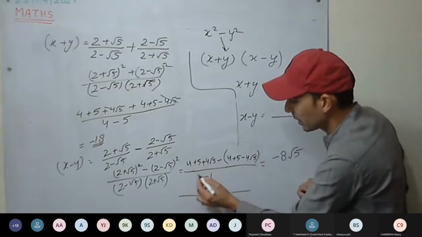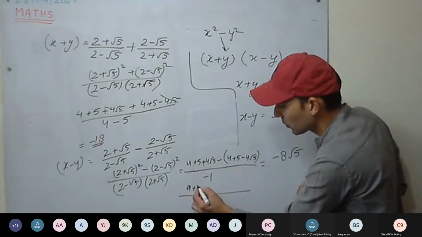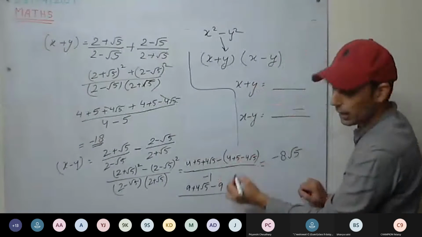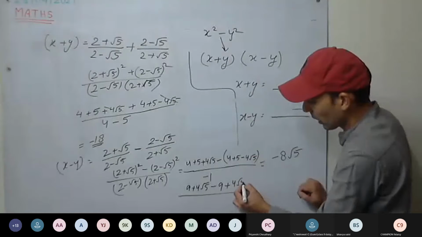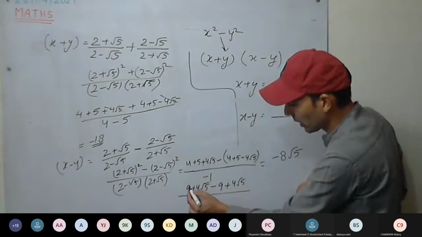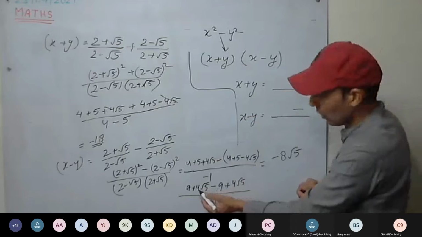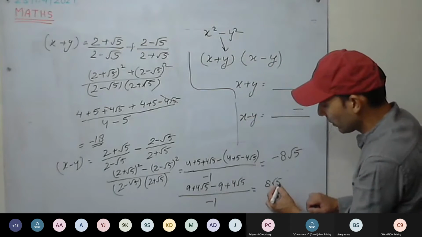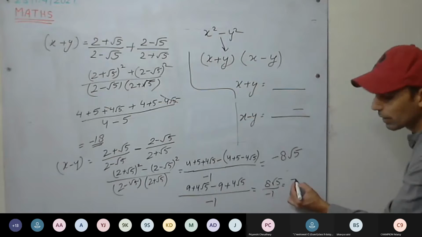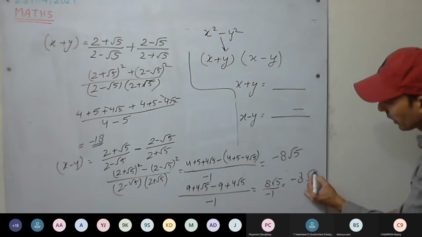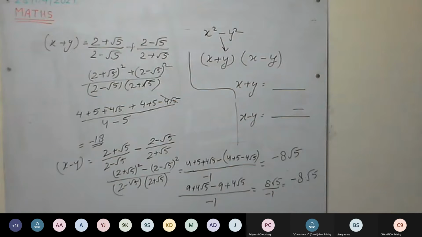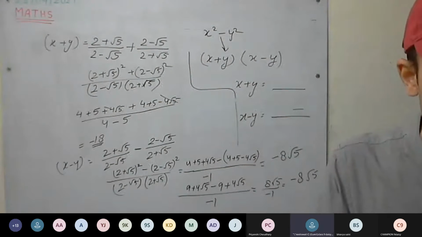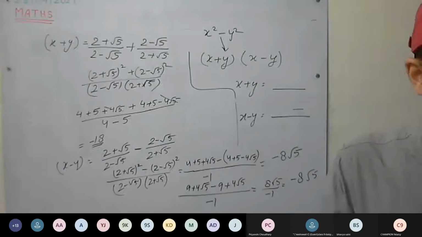So you get 9 plus 4 root 5 minus 9 plus 4 root 5, divided by minus 1. 9 minus 9 is 0, 4 root 5 plus 4 root 5 is 8 root 5, divided by minus 1. It is minus 8 root 5. Is this clear now? Yes, sir.